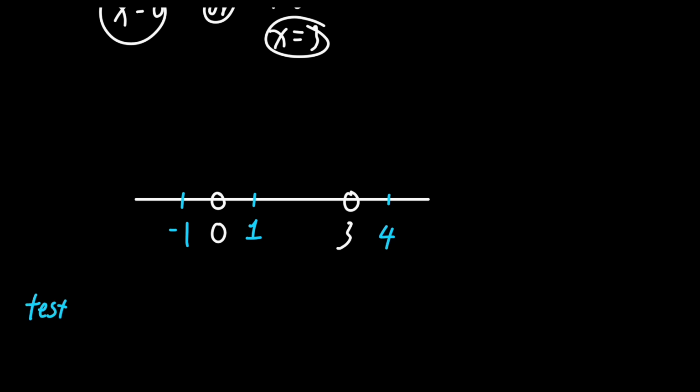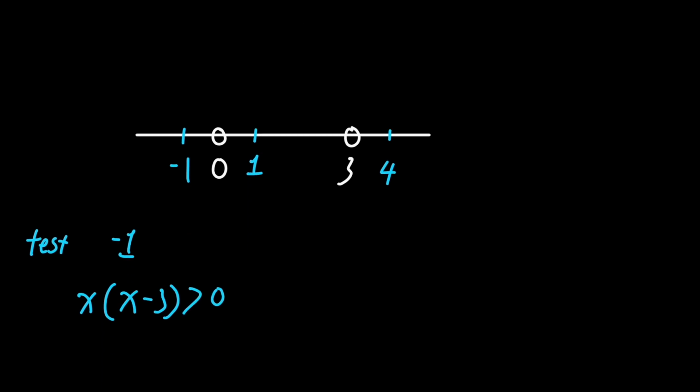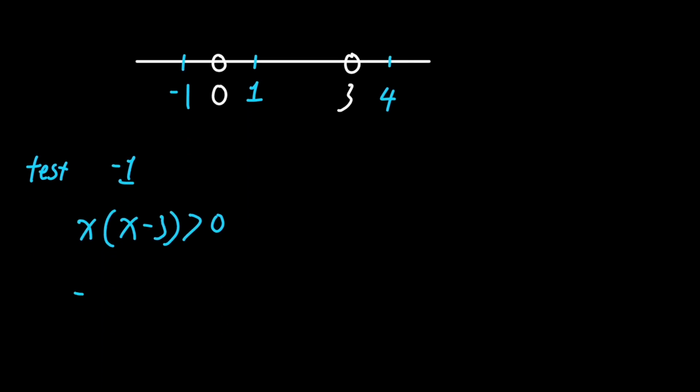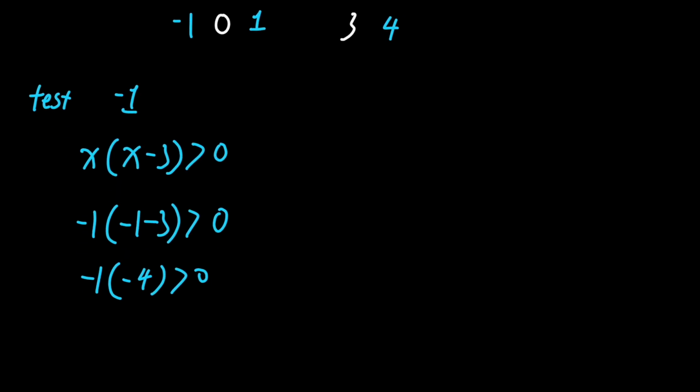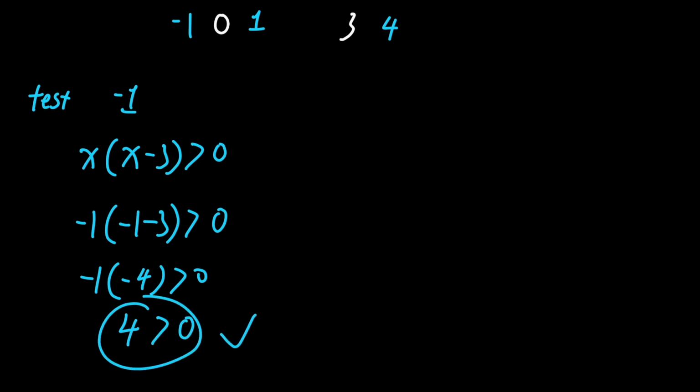So test -1, and the inequality is x times x minus 3 greater than 0. By replacing the x, it will be -1 times -1 minus 3, and then simplify a bit, -1 times -4, which is 4, greater than 0. This is true. It is that 4 is greater than 0.